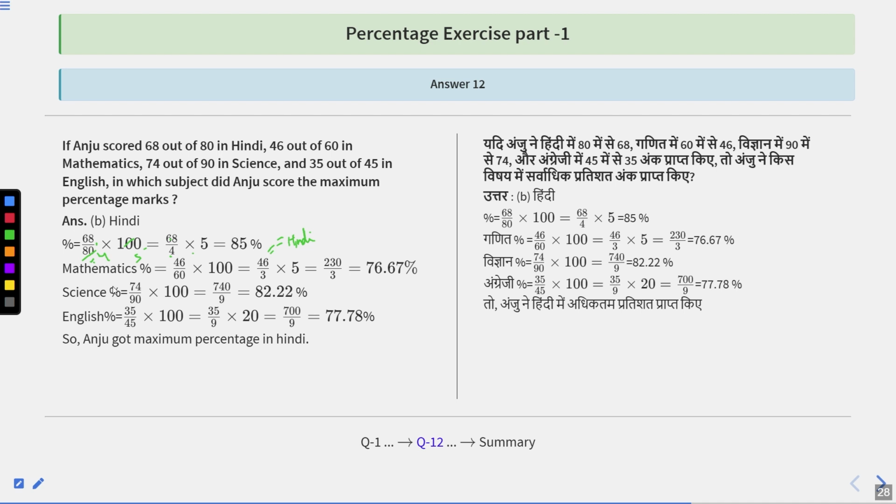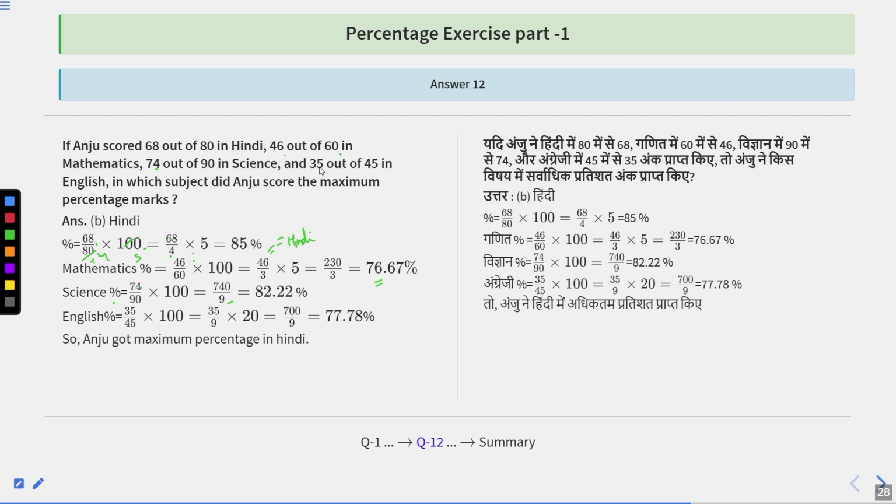When we talk about mathematics, she was getting 46 out of 60. So the percentage is 46 upon 60 into 100, that is 230 upon 3, 76.67%. In science, she was getting 74 out of 90. So 74 upon 90 into 100, that is 740 upon 9, equal to 82.22%.